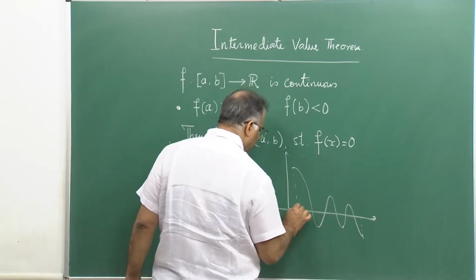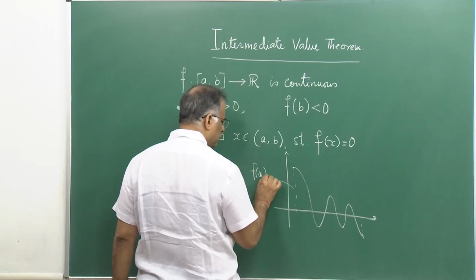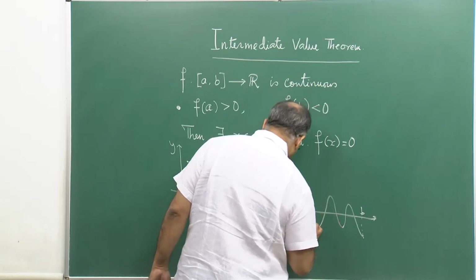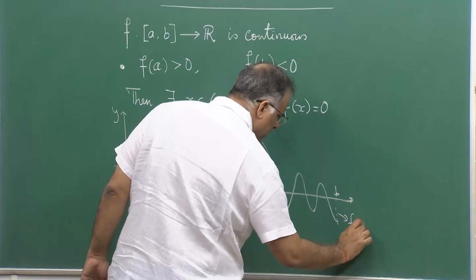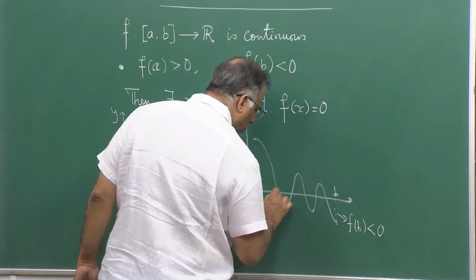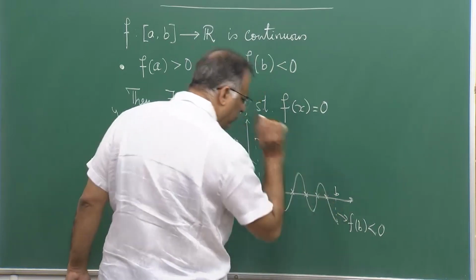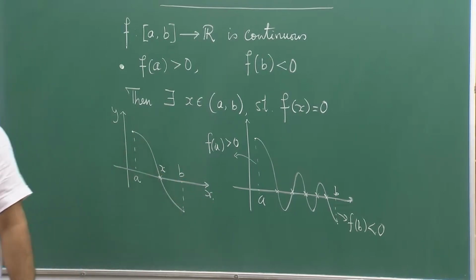Never mind, you see f of a is still bigger than 0 and f of b, this is a and this is b, is still less than 0, but you have 1, 2, 3, 4, 5 points at which the function attains the value 0.